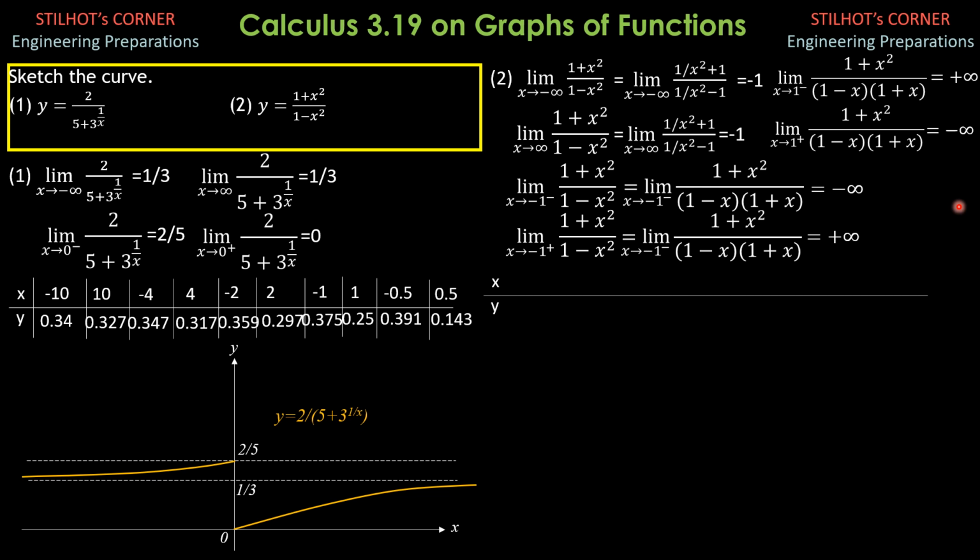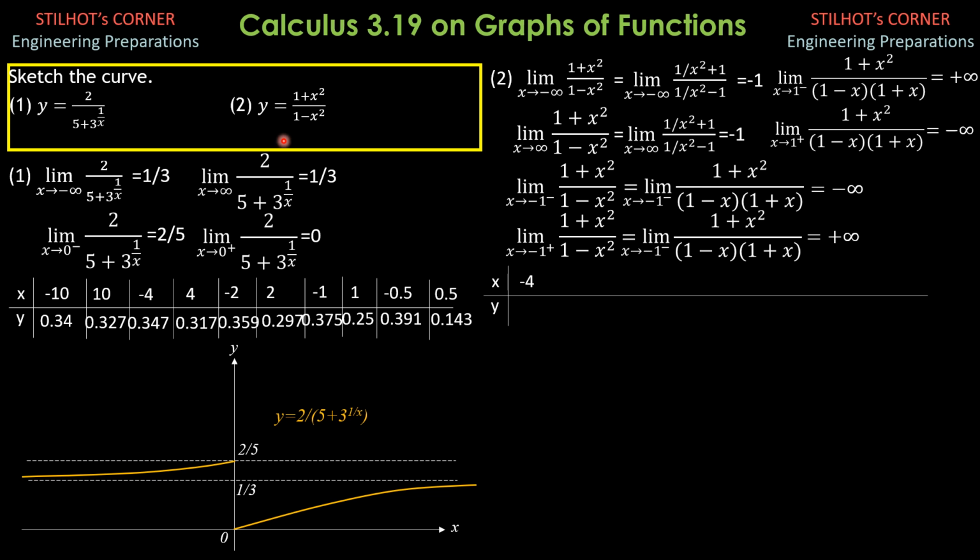And take note that the graph is symmetric with respect to the y-axis. So plotting some intermediate points, plus or minus x will give us one value of y.